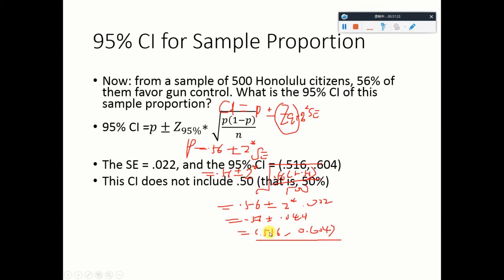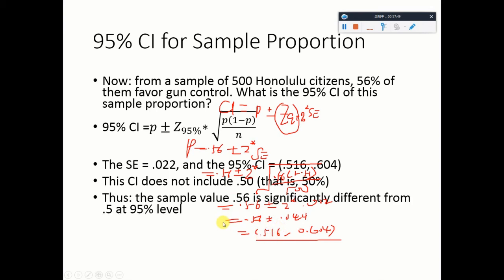The smallest value here is 0.516, which is still greater than 0.50. That means even if we take this value as our smallest possible sample proportion, because of fluctuation, it will still be a clear majority. Not by a huge margin, but still a clear majority.